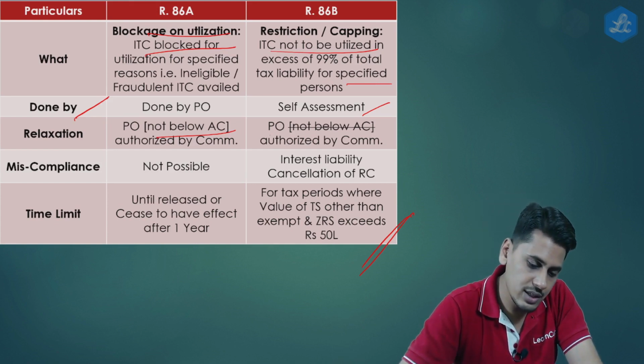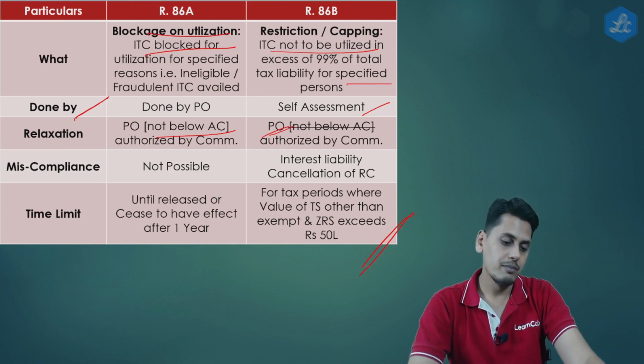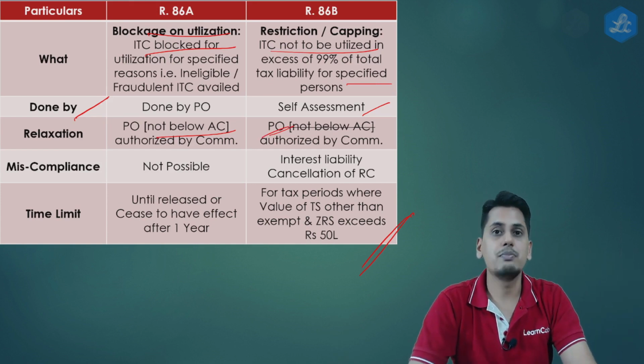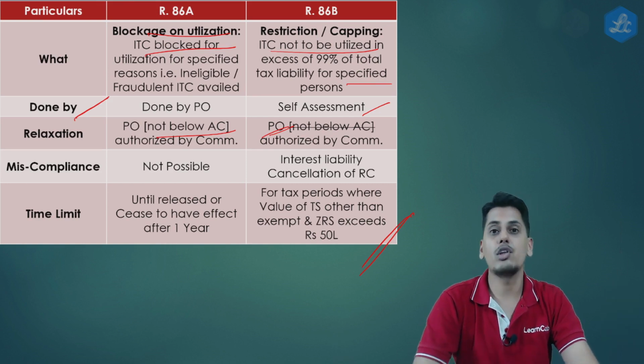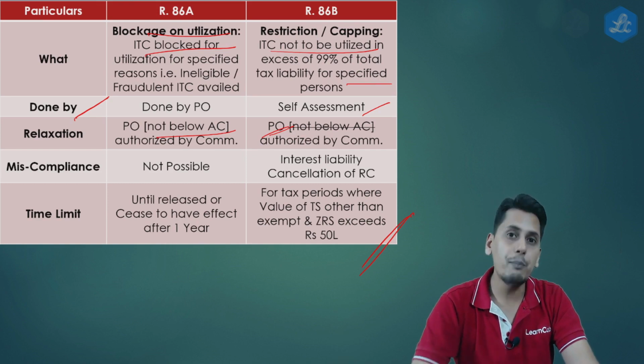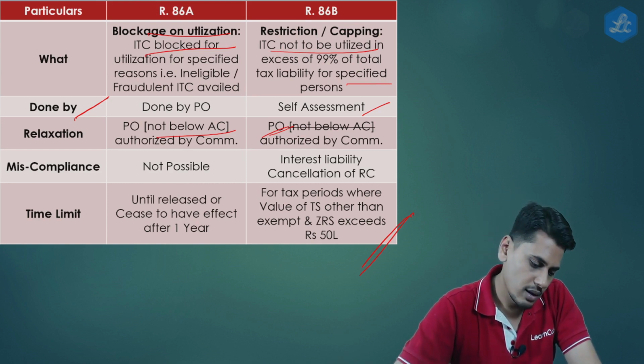Here the relaxation is on a case-to-case basis. If you are feeling that this 86B is hurting you, you can make an application, provide all the relevant documents, and if the officer is satisfied, he can uplift the restriction which is placed by Rule 86B.